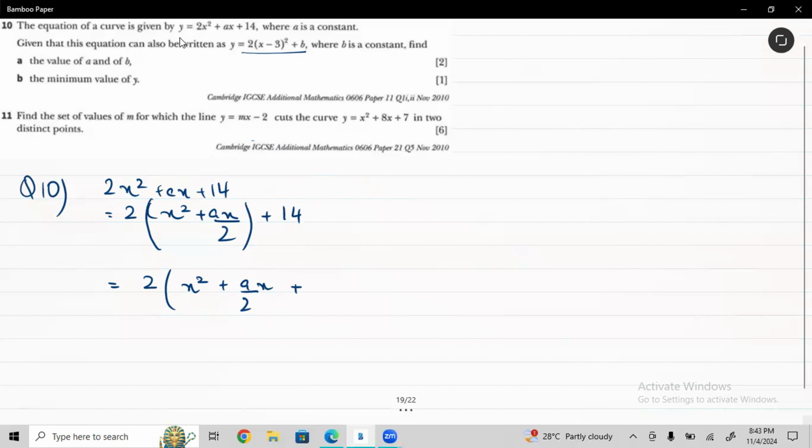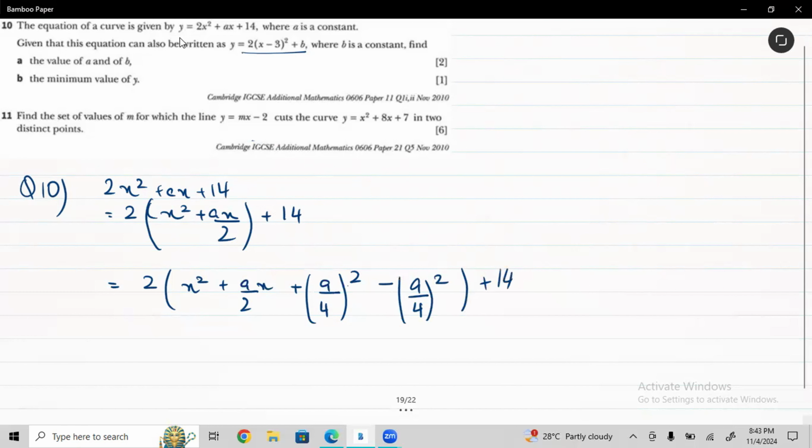If you're not clear about this, please do watch my previous lecture, where I've discussed this type of question. So it's going to be a upon 4 whole squared. And as we are adding a upon 4 whole squared, we are not supposed to just add it, so we have to subtract it also: a upon 4 whole squared minus a upon 4 whole squared, plus 14.